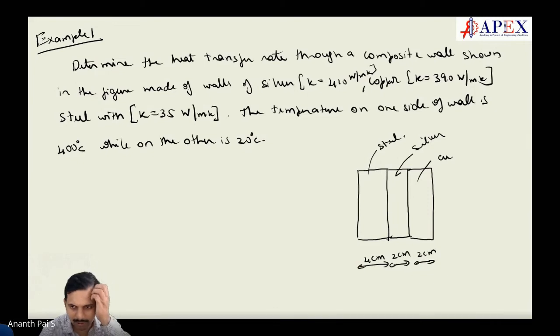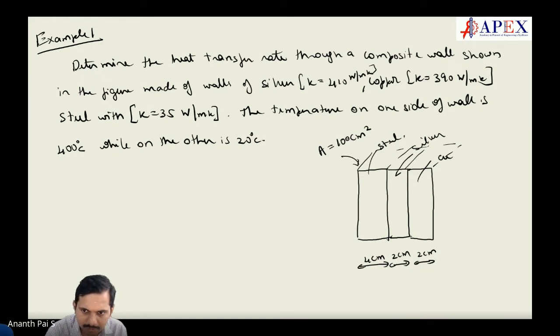So steel, silver, copper. The area is 100 centimeters square. Here it is 400 degrees centigrade, and here it is 20 degrees centigrade. So what is to be determined is the heat transfer. That's the first one. So solution.